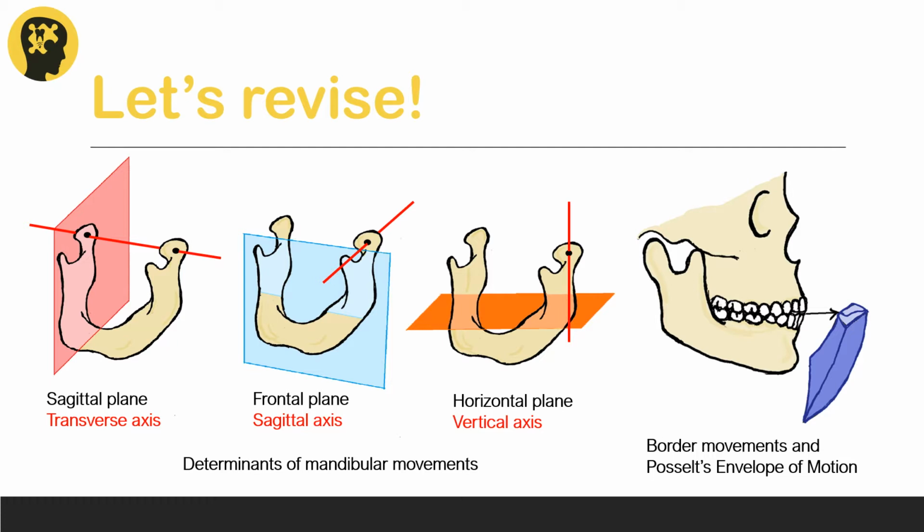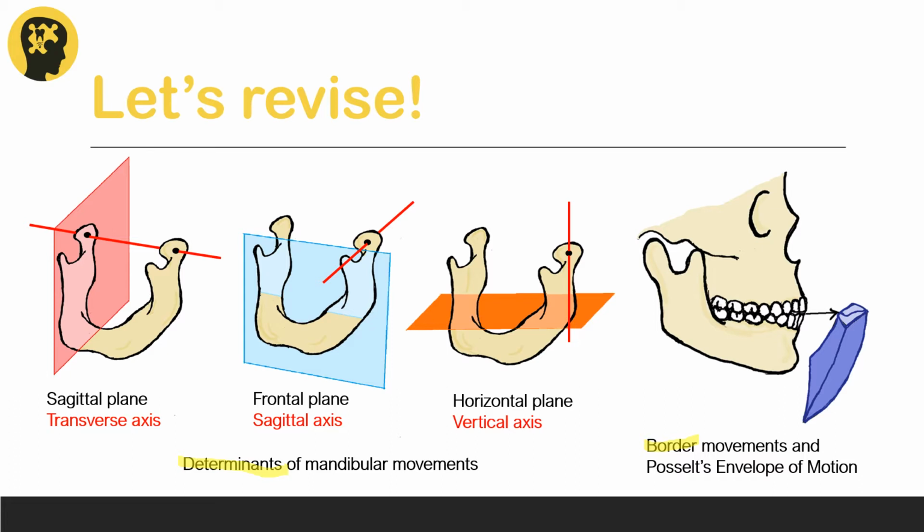So, the TMJ and the associated muscles constitute the posterior determinants of mandibular movement, and the teeth constitute the anterior determinant of mandibular movement. We then moved on to the concept of border movements, which are like the maximum movement that the mandible is capable of in each of these three planes, that is the sagittal, frontal, and the transverse plane.